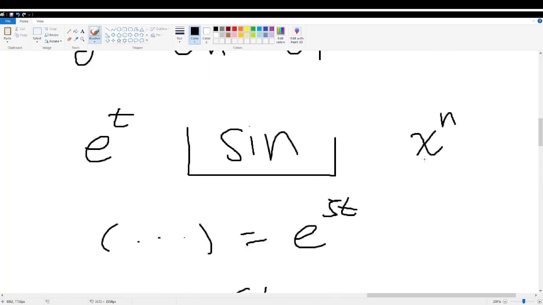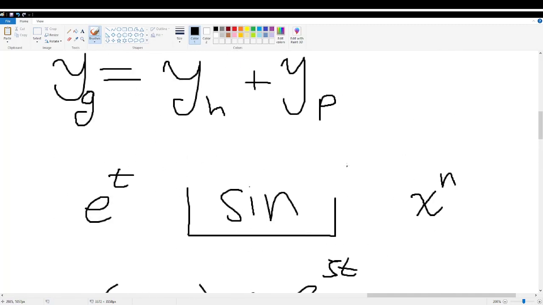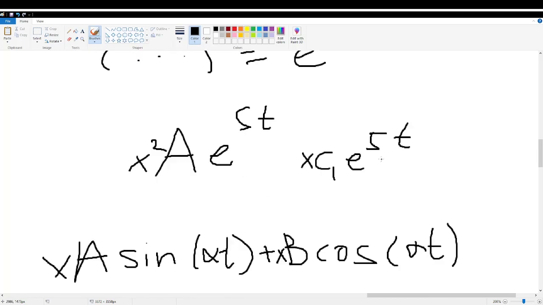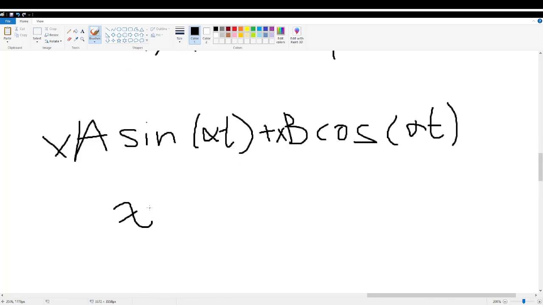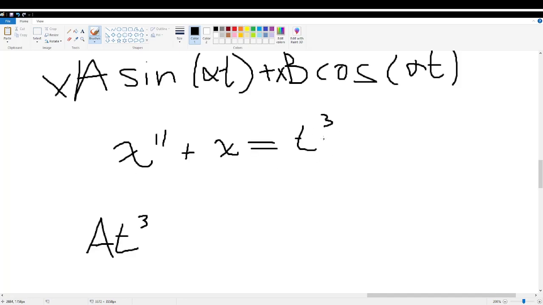And for the case of the polynomial form in the inhomogeneity, what we have to guess is also a polynomial form, but again, we don't just guess x to the n. Just like for the sinusoidal case, we had to account for the derivatives, we also have to account for the derivatives of the polynomial. So if we have an equation, for example, x double dot plus x is equal to t cubed, our guess is going to include t cubed, and in fact it has to include t cubed because otherwise we can't get a t cubed here.